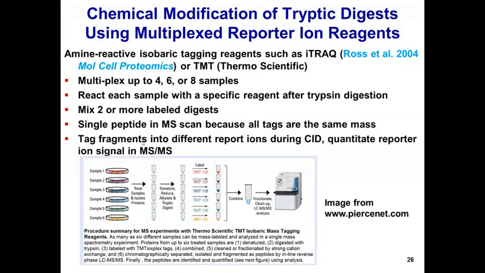The tags then fragment in the MS/MS step, and different reporter ions are seen as indicated here. So here I have 6 samples that have been labeled with the 6 different tags, and at this stage I now have different reporter ions as indicated, ranging from 126 to 131 Daltons.